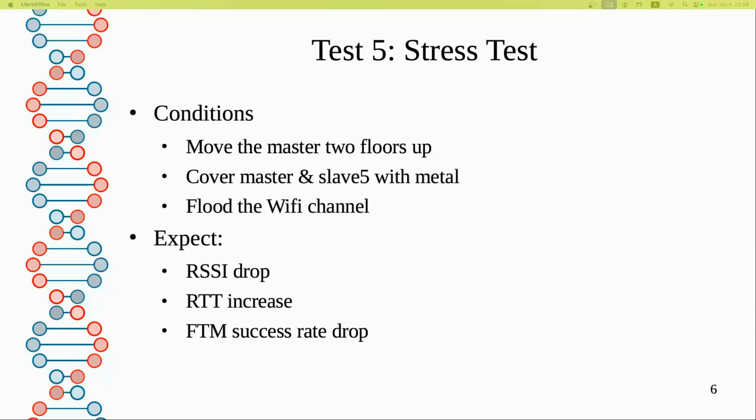And the last test I will move the master 2 floors up, cover it with metal and one of the slave devices as well, and will flood the Wi-Fi channel. So this will drop the signal strength, increase time of flight, and I expect FTM success rate to drop dramatically.